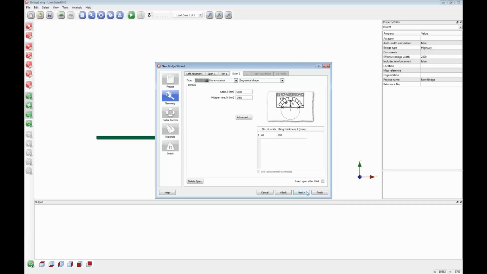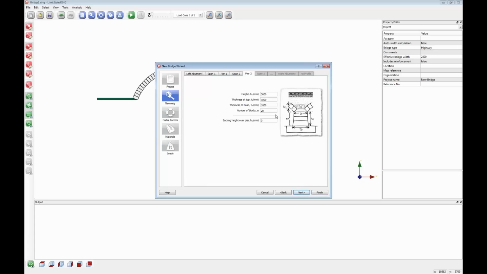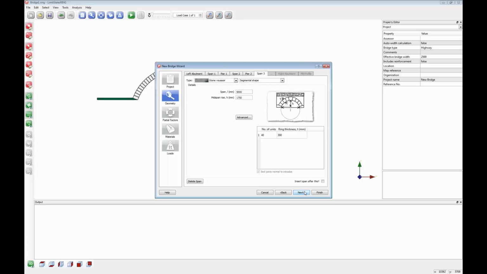I move on. The second span by default will exactly replicate the first span, and I could add another pier if I wanted, another span, and again this is replicating the data that I entered for the previous pier. So the height is already 3,000 millimeters. And I can move on. I could add extra spans if I wanted to, or leave it as it is.